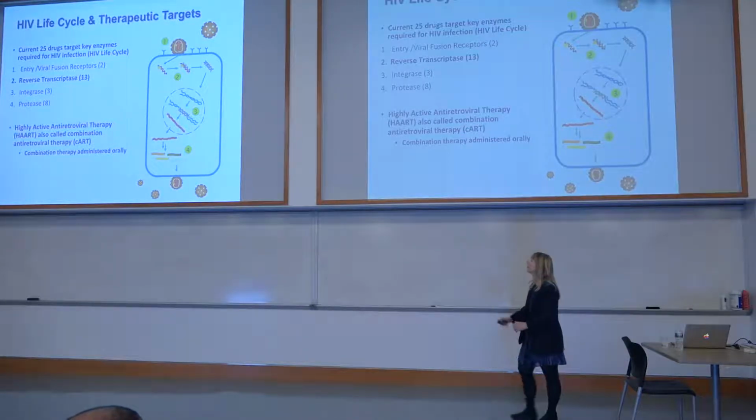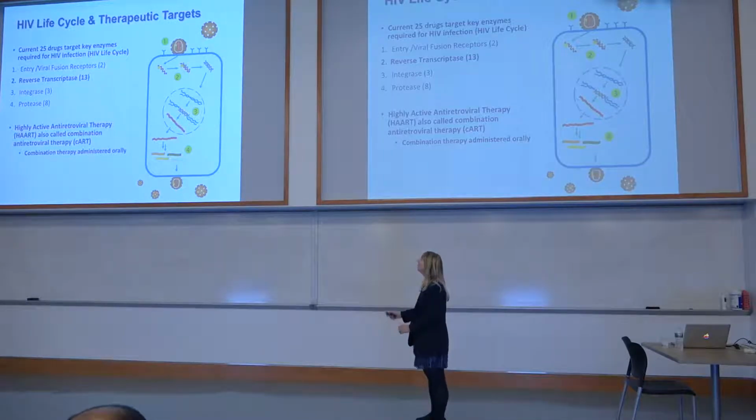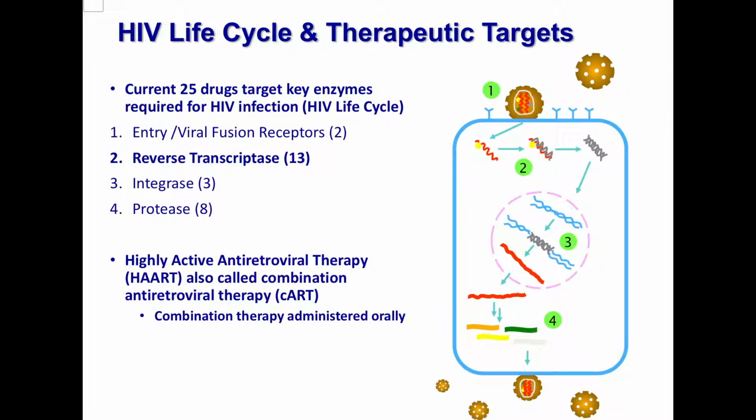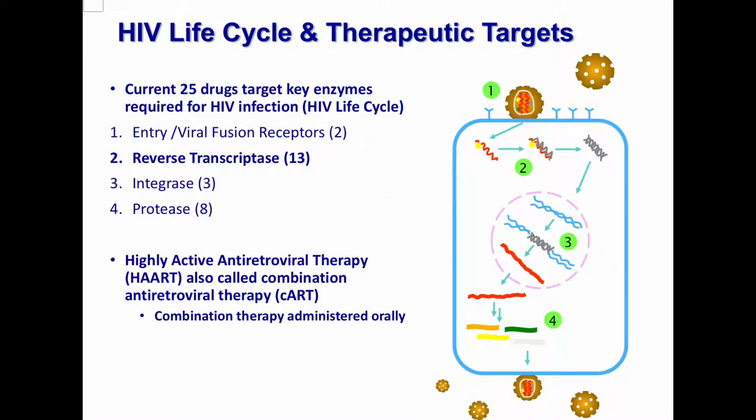What I've illustrated in this slide is the HIV viral life cycle, and the step that we've been interested in is the reverse transcriptase step. I've also listed some of the different steps in the overall life cycle that have been utilized by the pharmaceutical industry to develop a number of drugs.